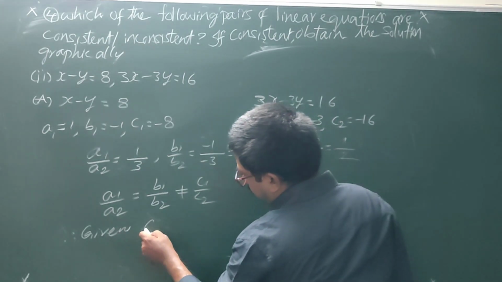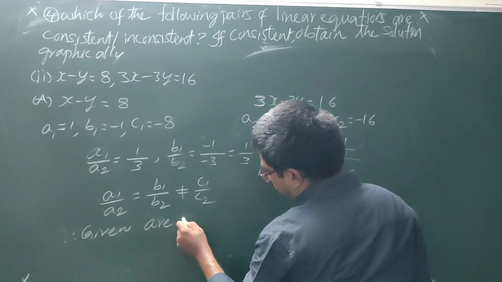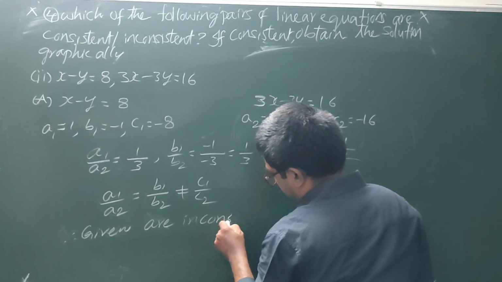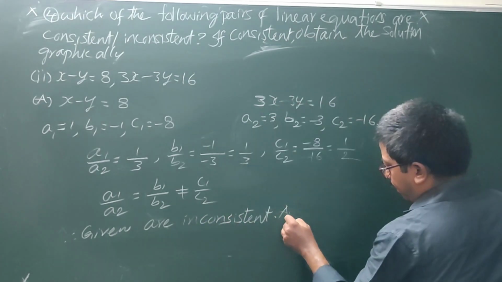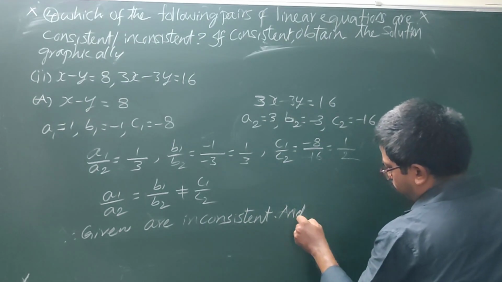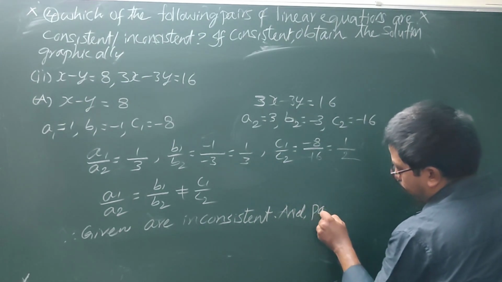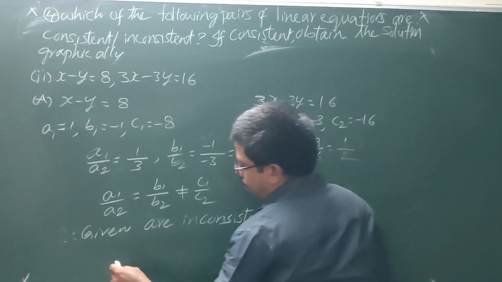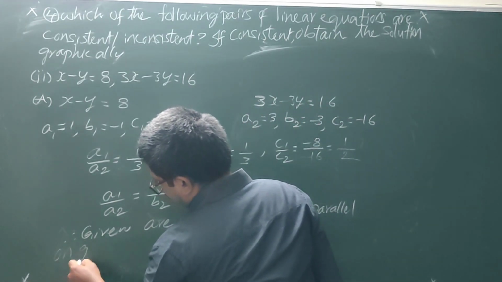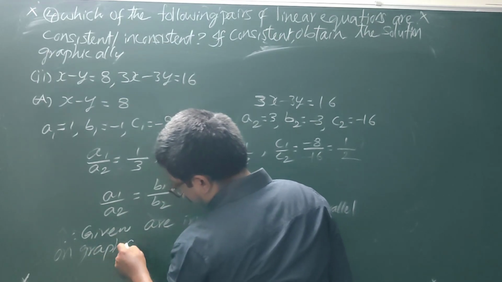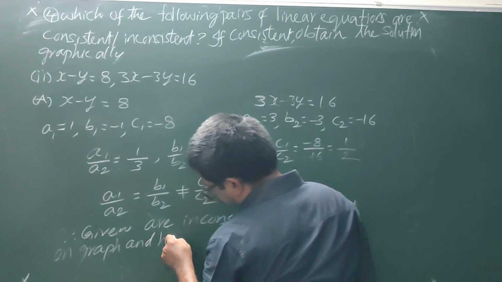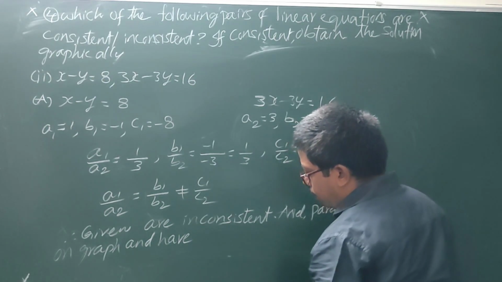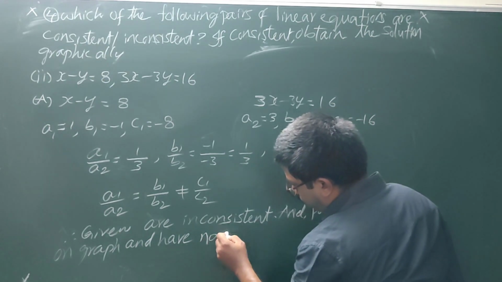Given are inconsistent, parallel on graph and have no solution.